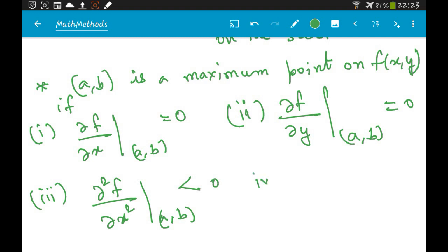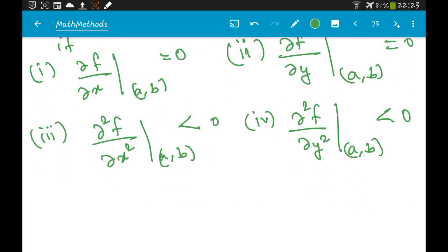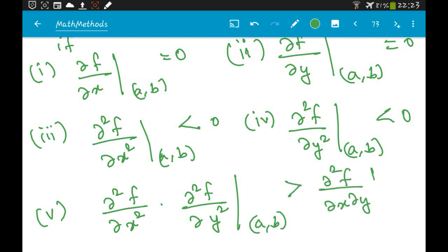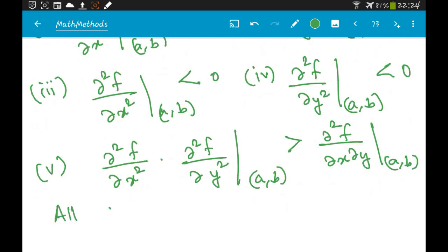Okay. Then 4, dou square f by dou y square at a comma b is less than 0. Then 5, dou square f by dou x square into dou square f by dou y square at a comma b is greater than dou square f by dou x dou y at a comma b. Okay, so again all 5 conditions should be satisfied.